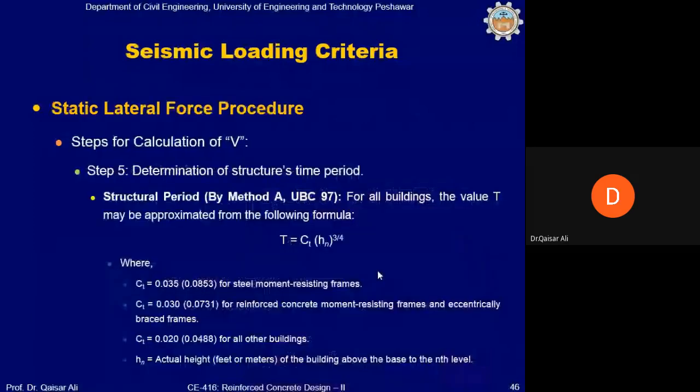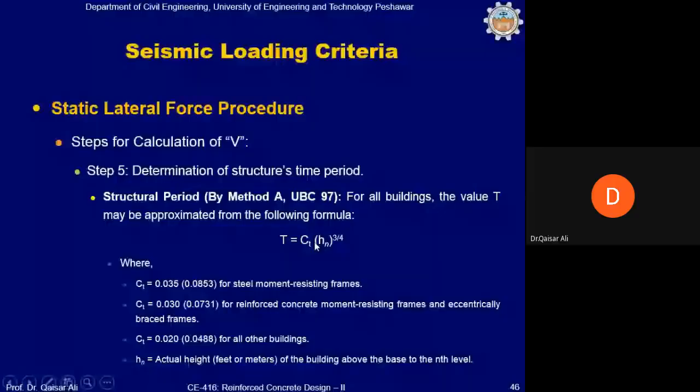Then the time period can be calculated by two methods, method A and B. Method A is very simple. The time period is calculated from this equation, Ct times hn to the power 3/4, where Ct depends on the type of structure. For a concrete structure, it is 0.03. H is the height of the structure, and then the time period can be calculated in this manner.